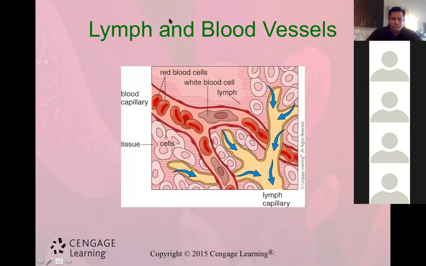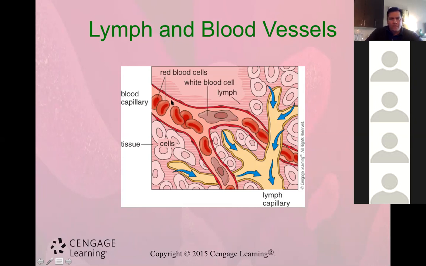Here you can see the lymph represented in this part. So the lymph is kind of a parallel system of vessels to the circulatory system.